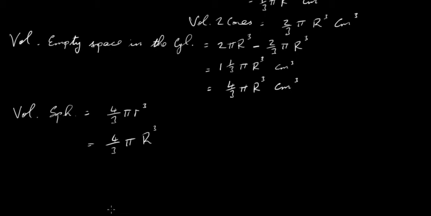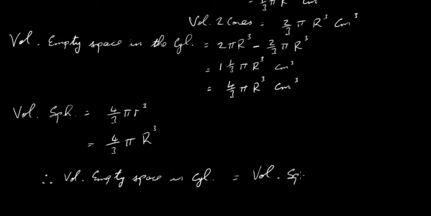So we can see here that the volume of empty space in the cylinder is equal to the volume of the sphere. You can see here that this value here is equal to this value here. So that's it for part A anyway, so let's move on to part B.